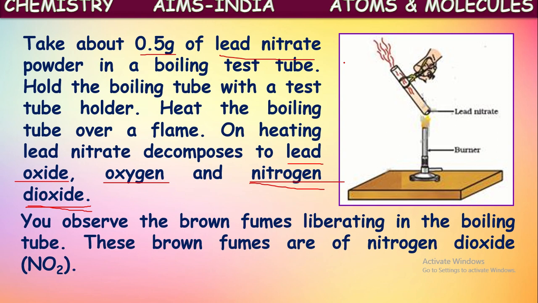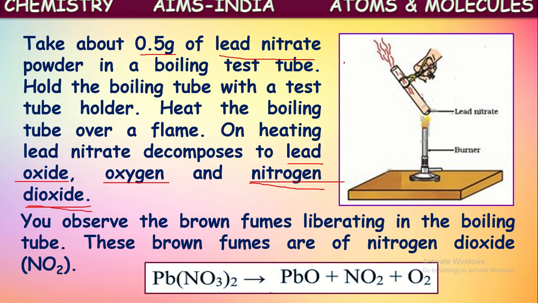We can observe the fumes of brown colored nitrogen dioxide gas coming out from the test tube. By that we can understand a decomposition reaction occurred. These are the equations related to that. Lead nitrate on heating gives lead oxide, nitrogen dioxide and oxygen. This also comes under thermal decomposition reaction only, because it is also occurring with the help of heat energy.